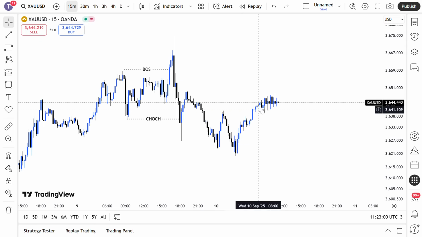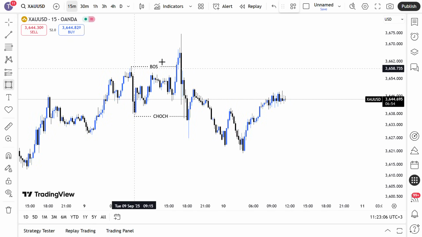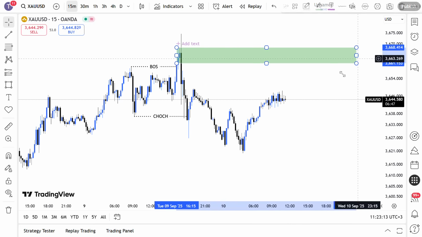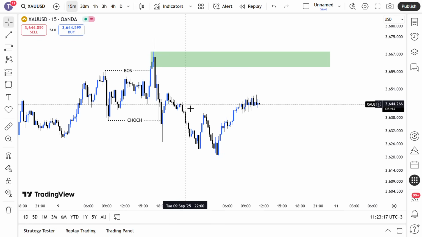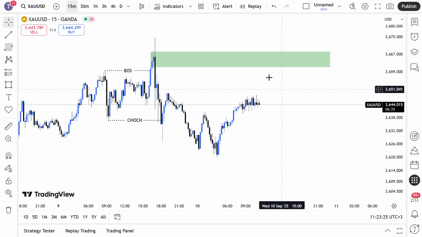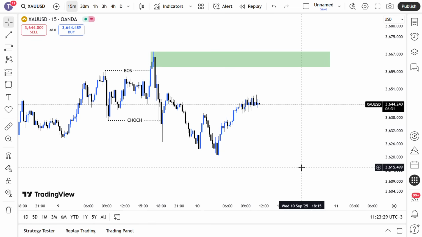So we expect the market to be pulling back, and then we look for sells to the downside. So we have this order block that was left behind. You can see clearly there is this order block. So I'm expecting the price to pull back, take out this internal liquidity. You can see these are inducements to be taken out as liquidity before the market taps into our area, and then we look for more sells to the downside.